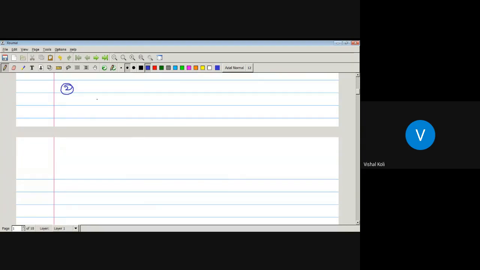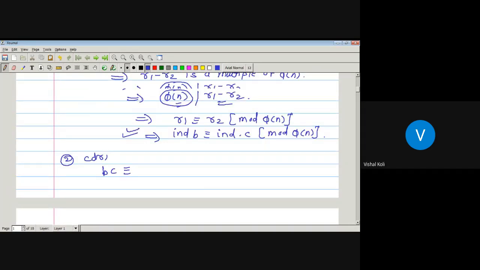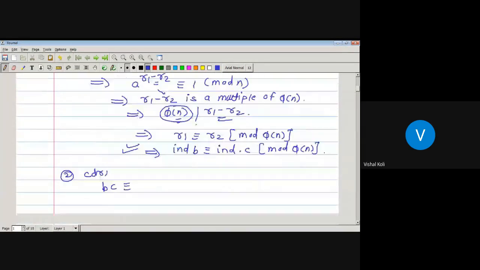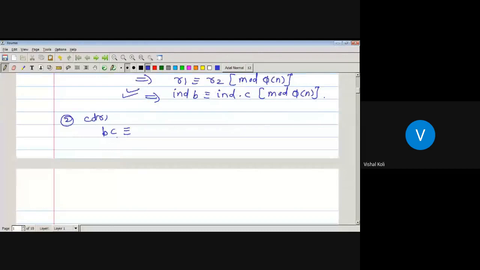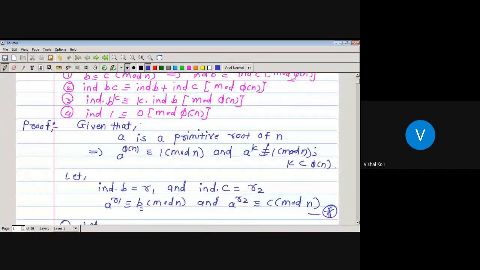So consider the index of, sorry, just consider b into c. Since r1 and r2 are the indexes of b and c respectively, then consider the index of b into c.